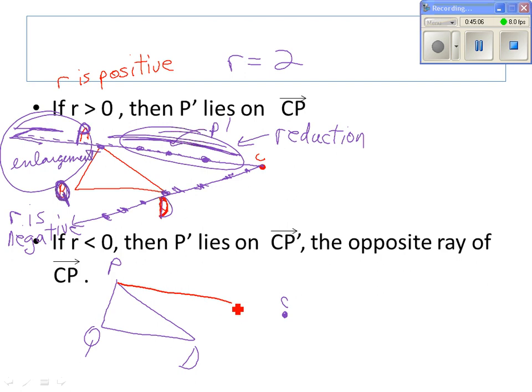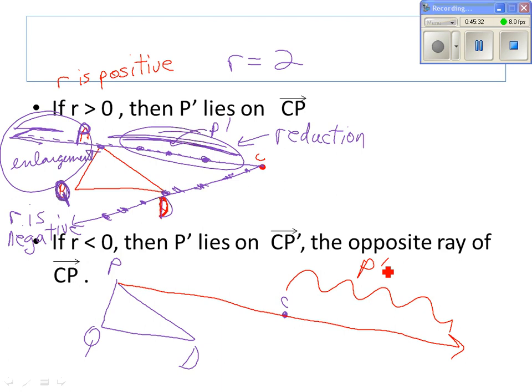P's going to come down through here, and it's going to be a ray down that way somewhere. So P prime is going to fall somewhere in that area. It says CP, so should the middle one? No, C P prime. P prime is going to be out here, so it's going to be out this way.